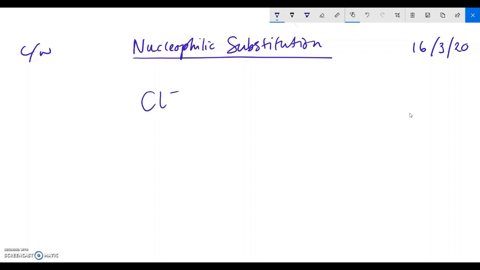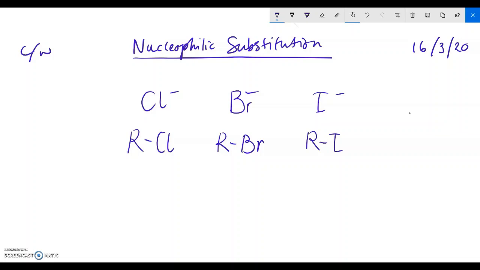So you have Cl⁻ being produced from a chloroalkane reaction, you've got bromide ions being produced from an alkyl bromide reaction, and you have iodide ions being produced by an alkyl iodide reaction.